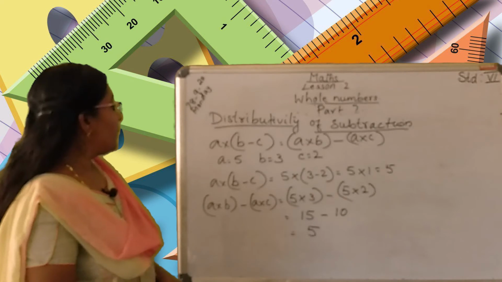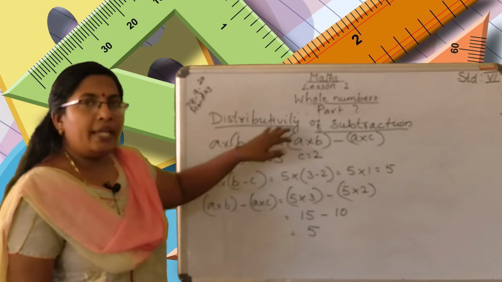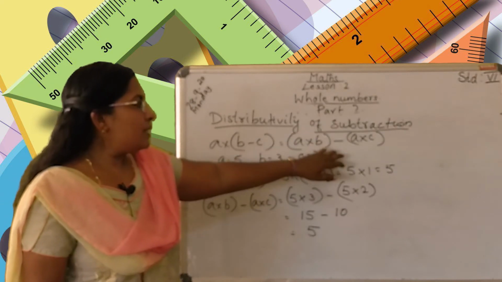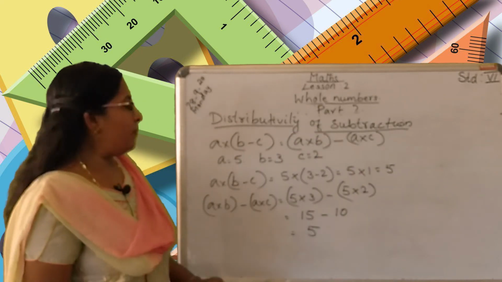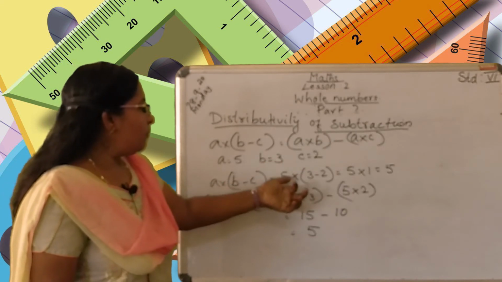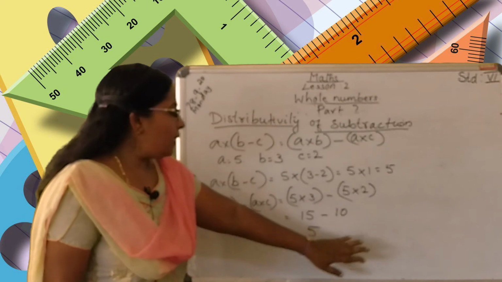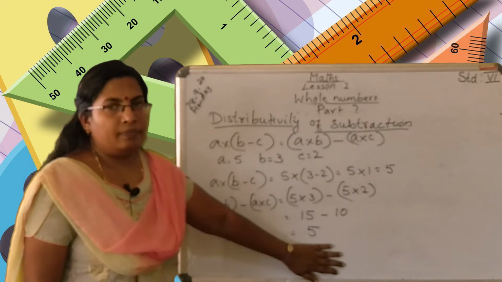Same. A into B minus C equals A into B minus A into C. Give the values and we can get the LHS and RHS are same.